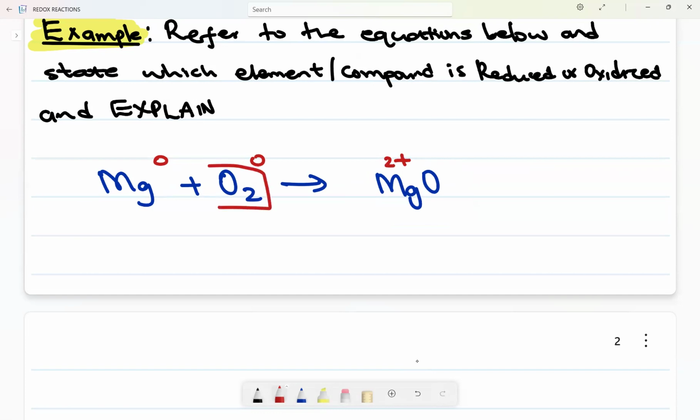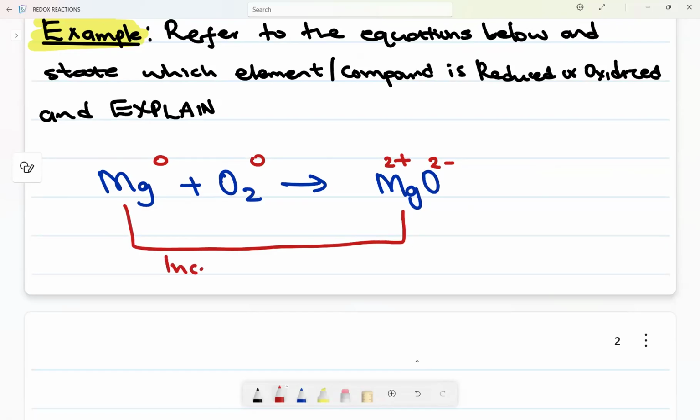when oxygen is represented like this, it is 0. But when it is in a compound, it has an oxidation number of 2 minus. So what happens to Mg? Mg moved from 0 to 2 plus.